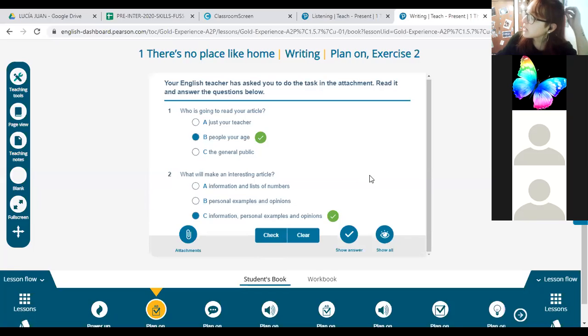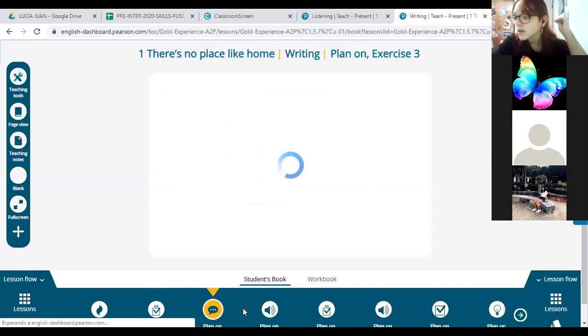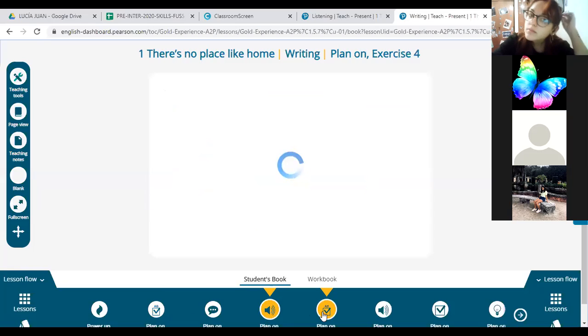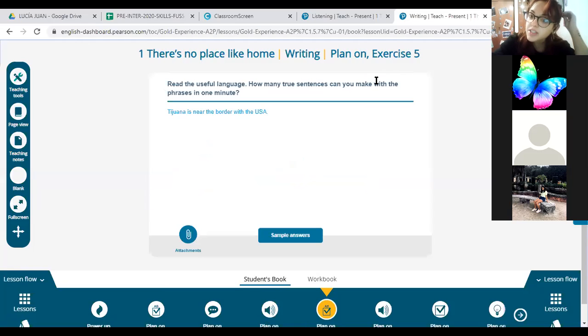So now go to the next page, page 17. We're going to be seeing some useful language that will help you in your writing. This one, exercise 5 on page 17.